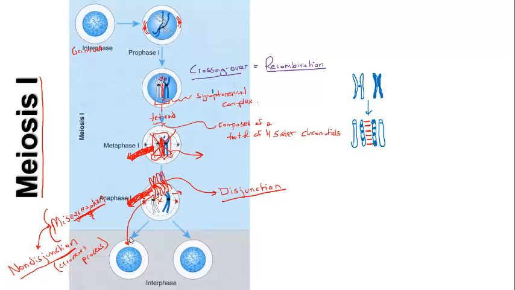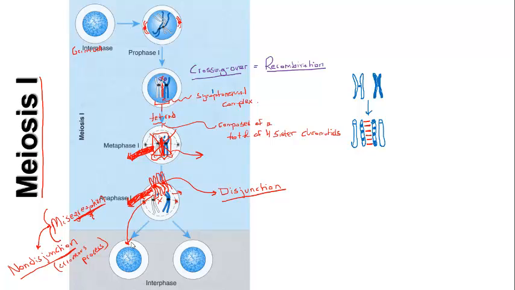And as we said before, non-disjunction can result in chromosomal disorders in the offspring resulting from a gamete, a sperm or egg, that was malformed in this process.